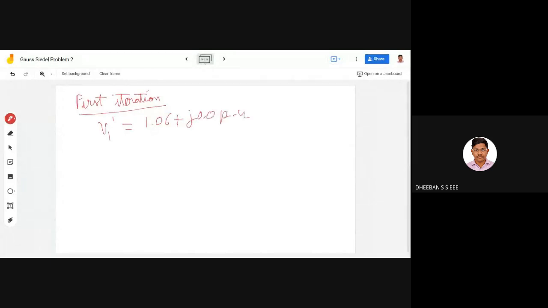This is with your slack bus. After this, we have calculated the value of your QP using the formula.